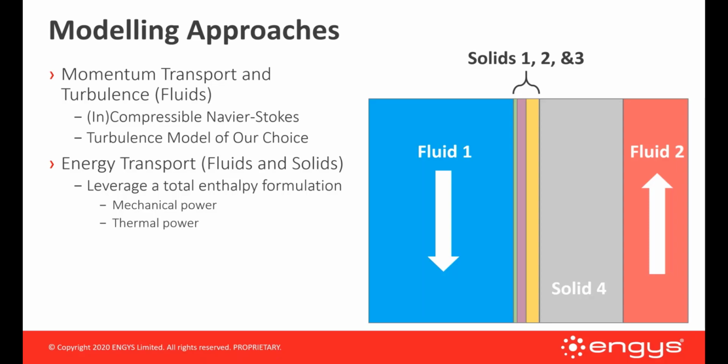With this particular setup within HELYX, you can choose different turbulence models based on whether you're running steady state or transient. Within energy transport, there's energy transport within the fluids and within the solids. And the way that the GUI is set up, we leverage a total enthalpy formulation that takes care of mechanical power and thermal power.